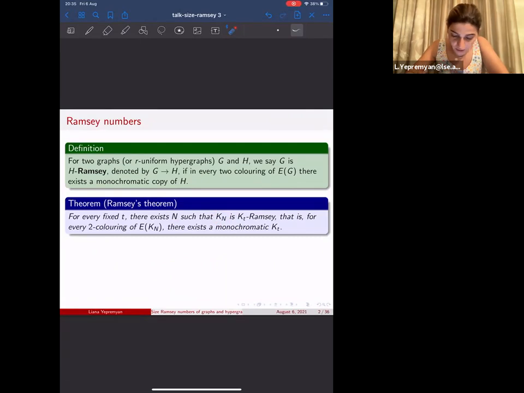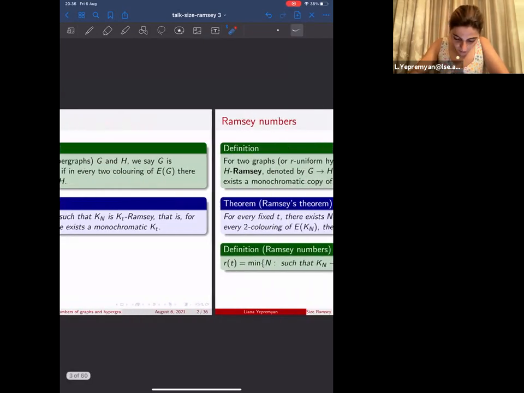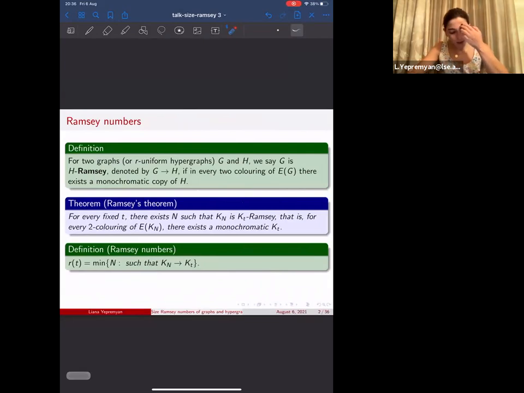So Kt is a small clique, and you can always find a big N such that KN is Kt Ramsey, meaning that in any two coloring of the edges of the complete graph KN, you can find a monochromatic clique Kt. Okay, so one can define the Ramsey number R(t) as follows. It's the minimum N among all such N's such that KN is Ramsey for Kt. This is how Ramsey numbers are defined.